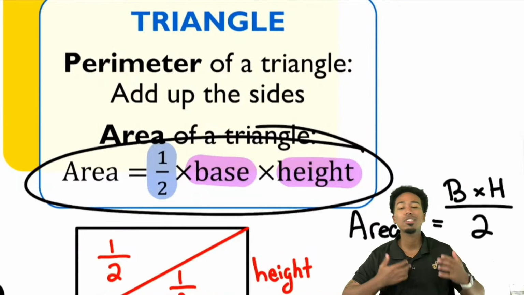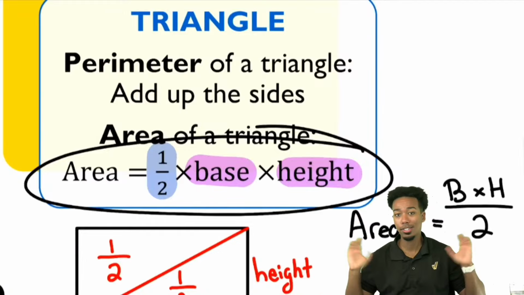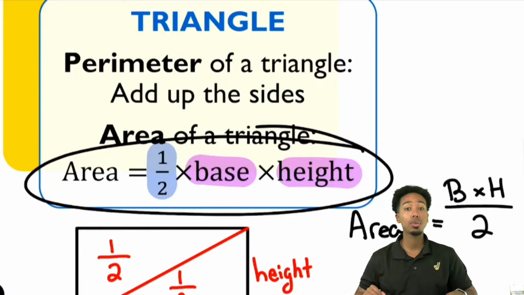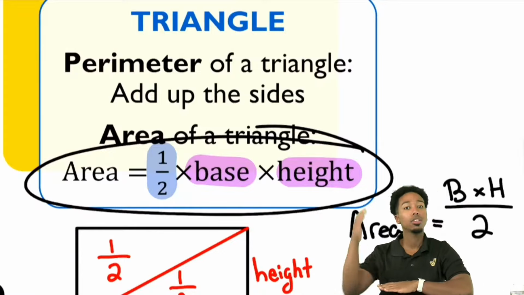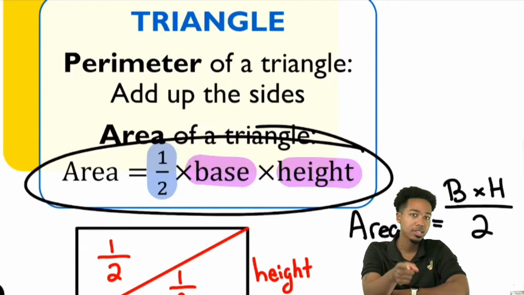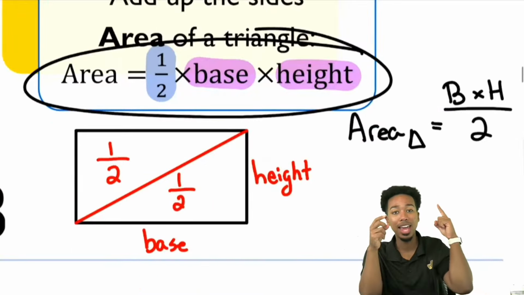Since you do have so many different types of triangles, no formula. Just add all 3 sides together. That's it. And then for the area of a triangle, again, you're going to multiply the horizontal base, the vertical height. But for triangles specifically, triangles consume half the size of a rectangle. And that's why the formula is cut in half.